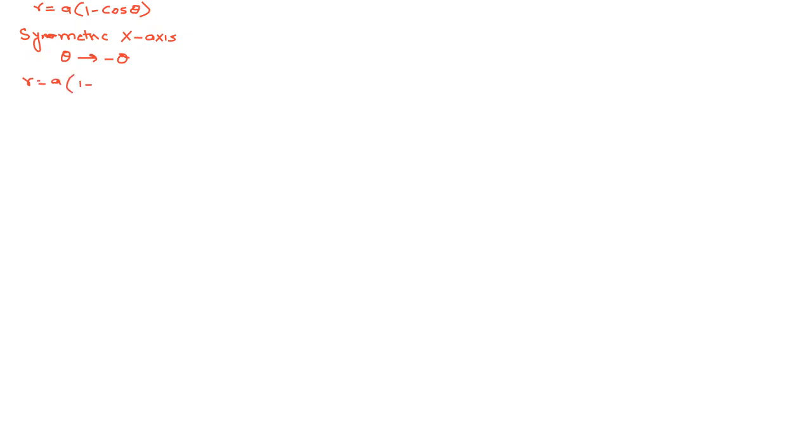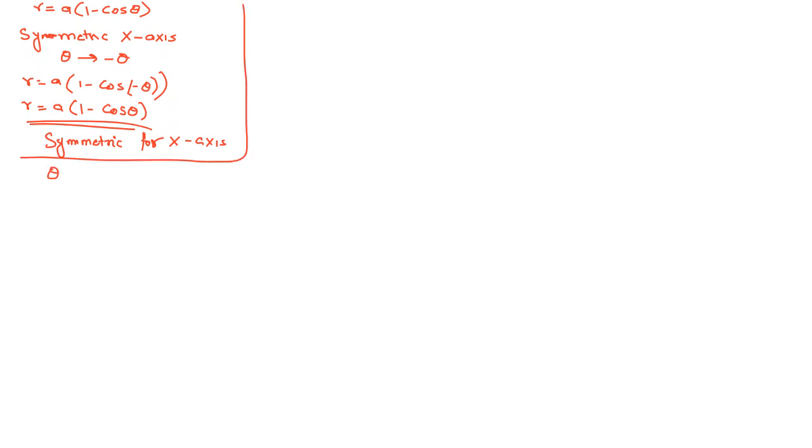R is equal to A into 1 minus cosine of minus theta, and cosine of minus theta is equal to cosine of theta, 1 minus cosine of theta. So it means it is symmetric for x-axis. Okay, now check for the y-axis.